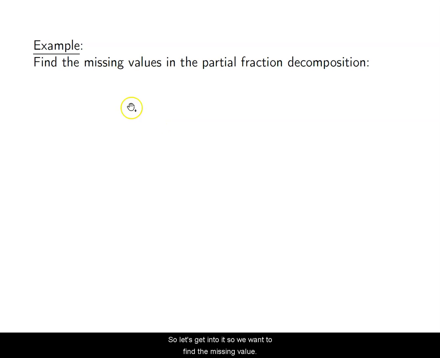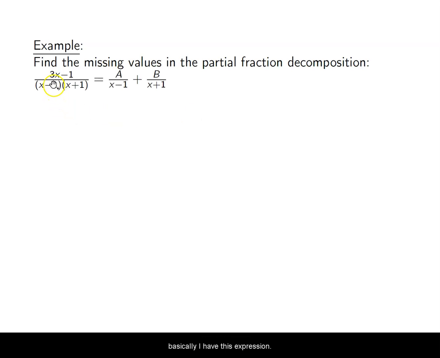Okay, so we want to find the missing values in the following partial fraction decomposition. Basically, I have this expression, and I want to break it up into parts so that I have some value over one of the factors plus another value over the other factor, so that if I were to add them together, I would get this. That's how I think about this.